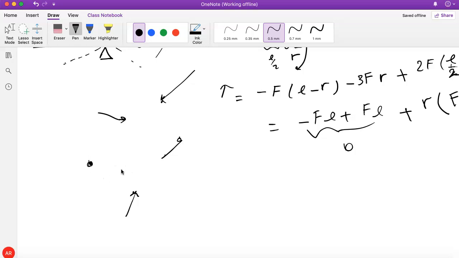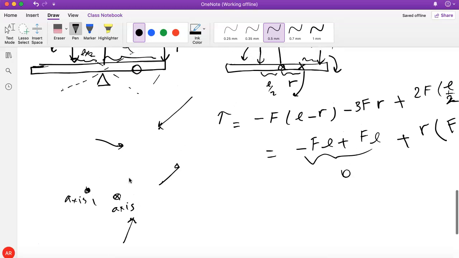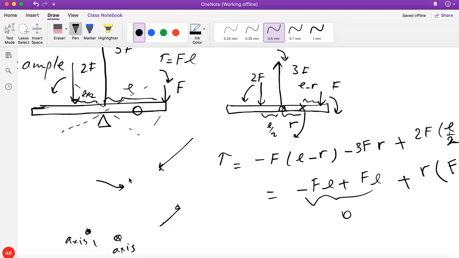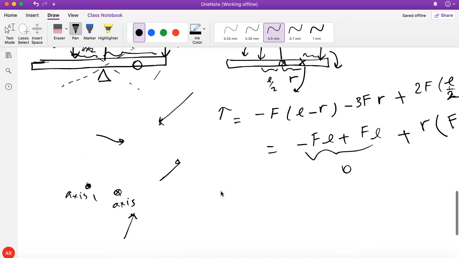Then you can take an arbitrary axis somewhere else, so axis 1, axis 2, and one can show that given that the net force is 0 and the net torque is 0 around one axis, then the net torque is guaranteed to be 0 around any other axis. So that's a special case where we showed this.